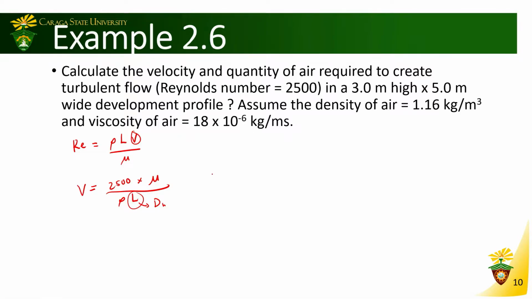Okay, so since we have a non-circular airway having the following dimensions, a rectangular development profile, we could compute the hydraulic diameter to solve for the velocity. In calculating the hydraulic diameter for non-circular airways, we just use the equation 4A over C, or the perimeter.